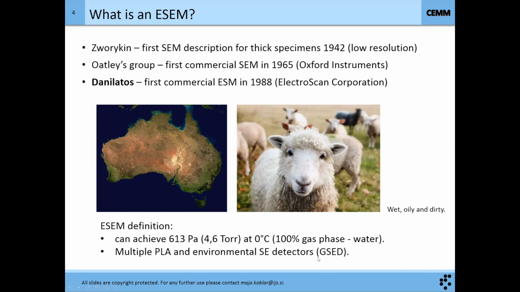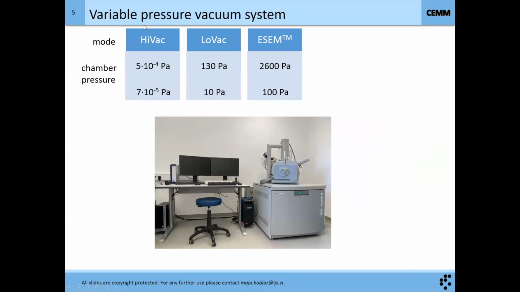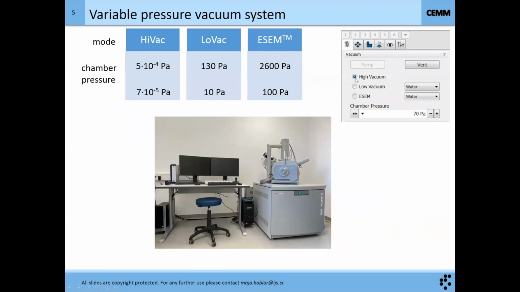So it has a special detector and different apertures. This is a variable pressure system. We work in three different areas: high vacuum, low vacuum, and the ESEM. You can choose only water to insert in the chamber.